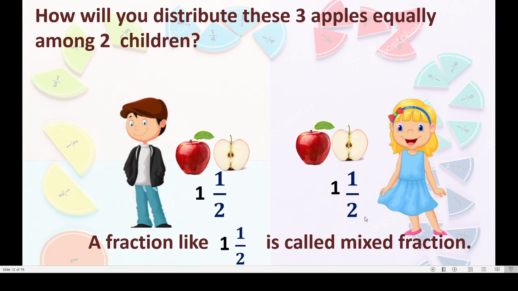So if there are 3 numbers like this, then it is called a mixed fraction. Remember the word mixed fraction. Mixing whole number and fraction. So that is called a mixed fraction. We will see some more like this.